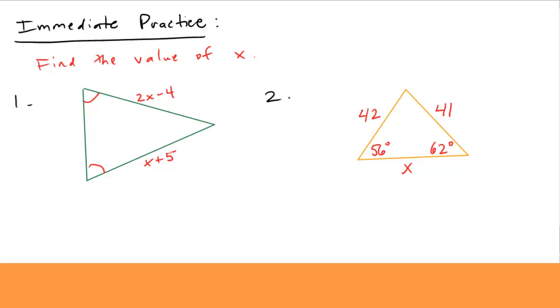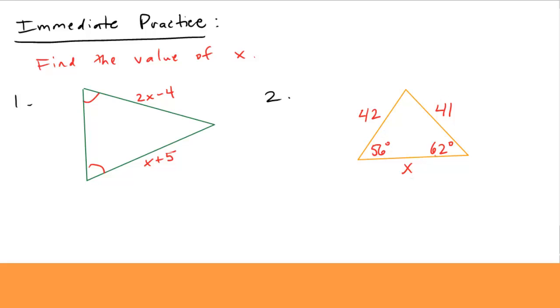Directions are: find the value of x. In the triangle on the left, the green one, we have two equal angles, so we know the sides opposite those angles are congruent. Use that to write an equation with 2x minus 4 and x plus 5 and solve that for x. In the triangle on the right, the orange one, we don't yet have any congruent angles or congruent sides. The side on the left is 42, the side on the right is 41, and the side at the bottom is x.